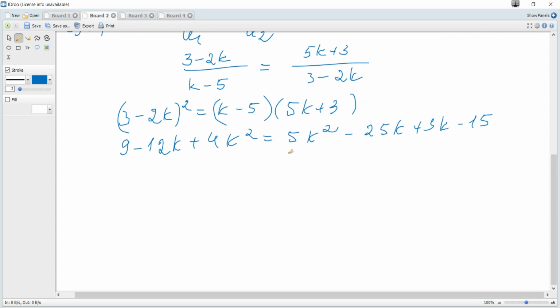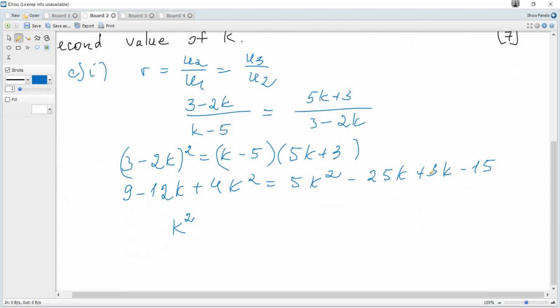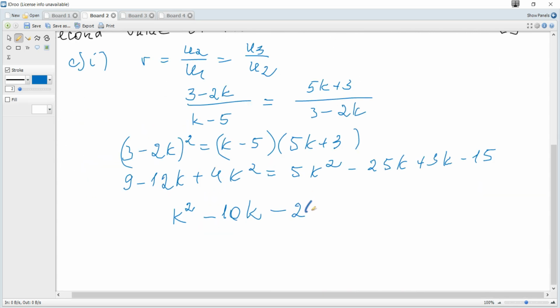Moving everything to the right, it becomes 5k squared minus 4k squared, so it's 1k squared, then negative 25 plus 3 plus 12, so it's negative 10k, and then negative 15 minus 9, it's minus 24, so it's as required.